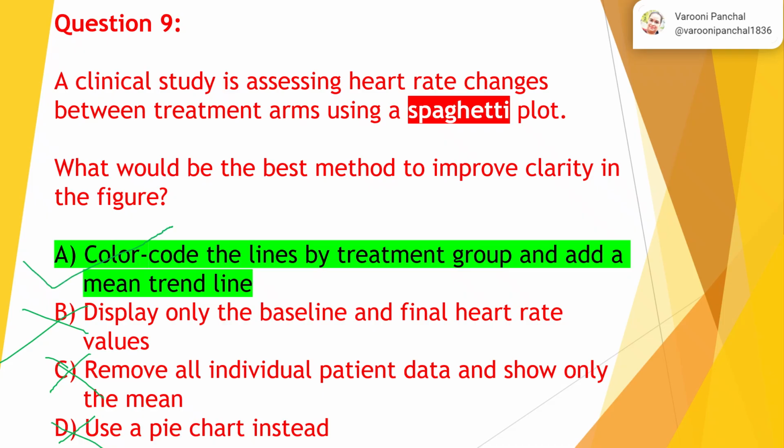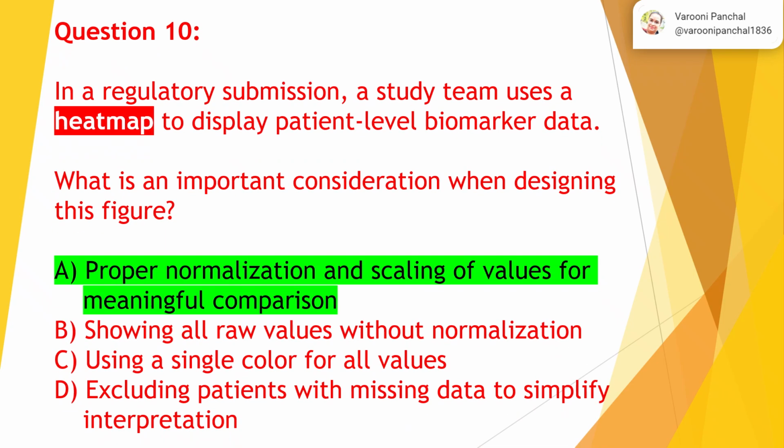Question 10. In a regulatory submission, a study team uses a heat map to display patient level biomarker data. What is the most important consideration when designing this figure? Option B, showing all raw values without normalization. No. Using a single color for all values. Now, if you use a single color for all values, you cannot distinguish the categories, right?